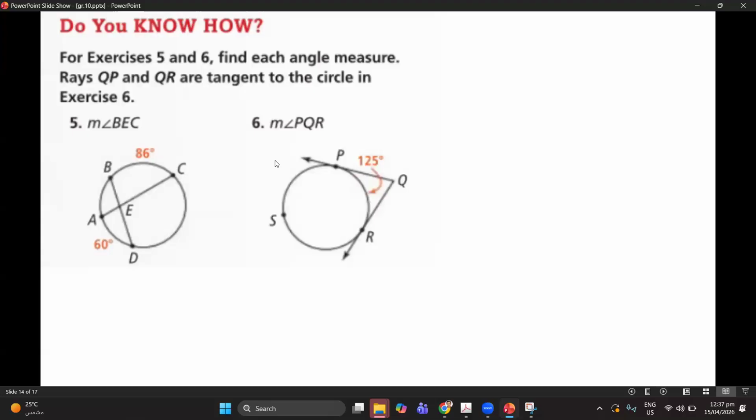Just a minute, first. How can I find the measure of angle BEC? Half of arc BC, which is 86.